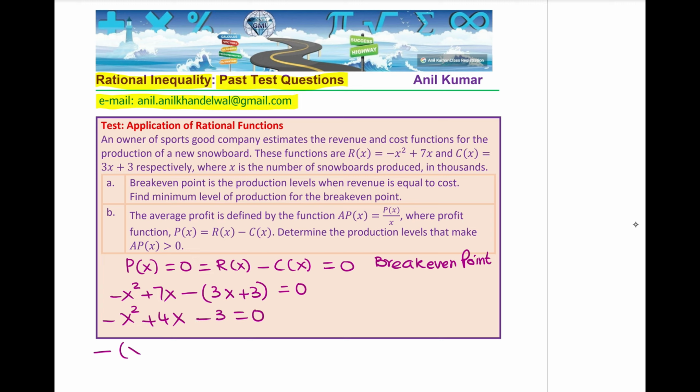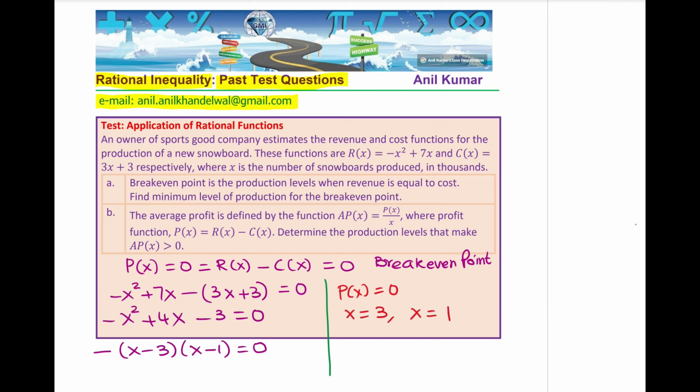So we can write this as minus x minus 3 times x minus 1, which is equal to 0. So basically from here we can say that the profit is 0 when x is equal to 3 or when x is equal to 1.